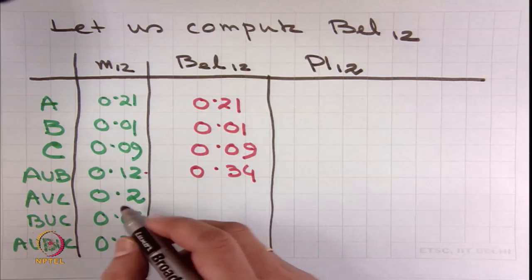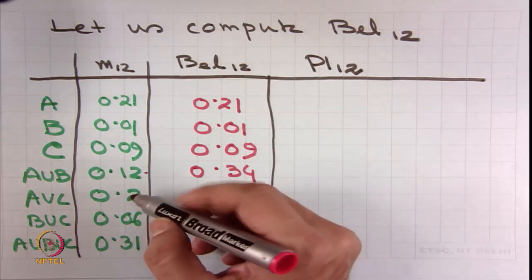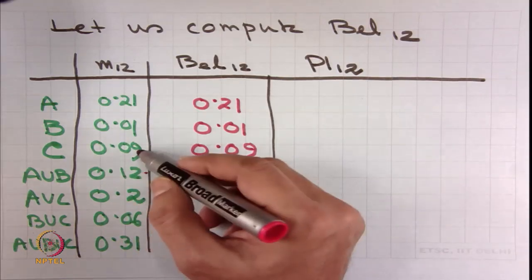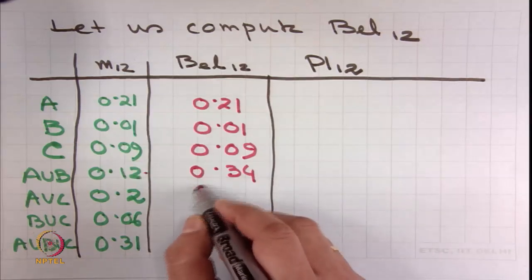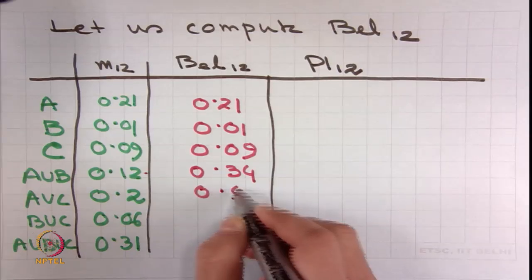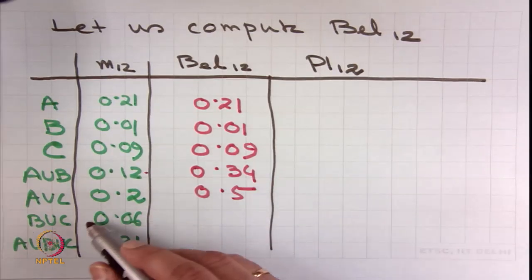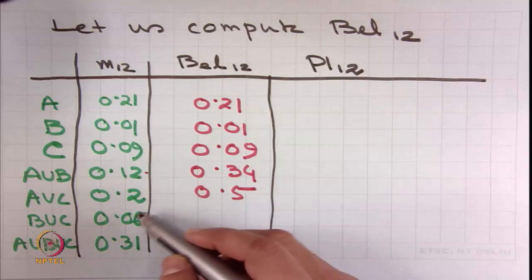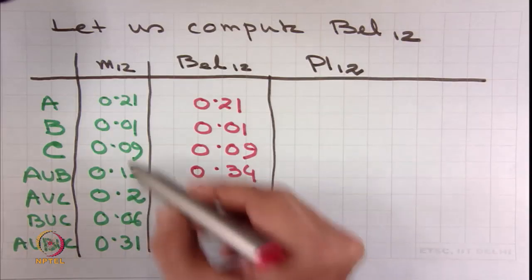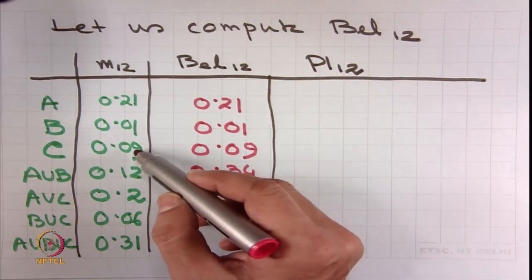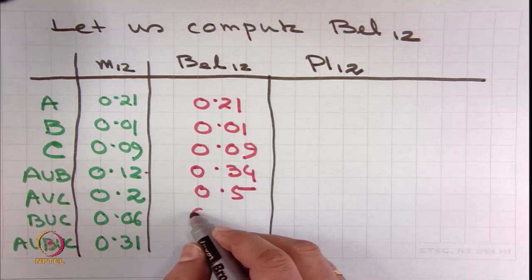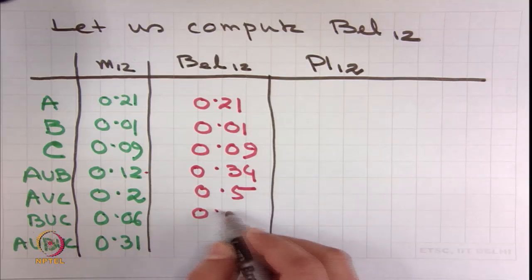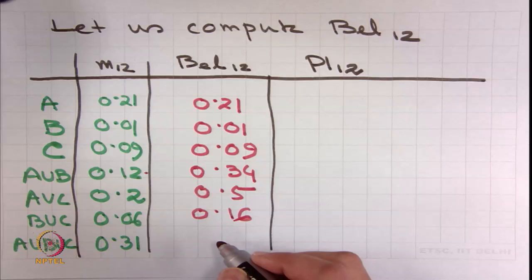Similarly, for A union C, it is going to be 0.2 plus 0.09, which is 0.29, plus 0.21, which is 0.5. For B union C, it is going to be 0.06 plus 0.09, which is 0.15, plus 0.01, which is 0.16.